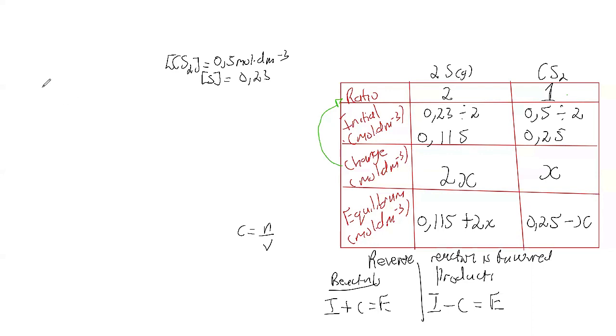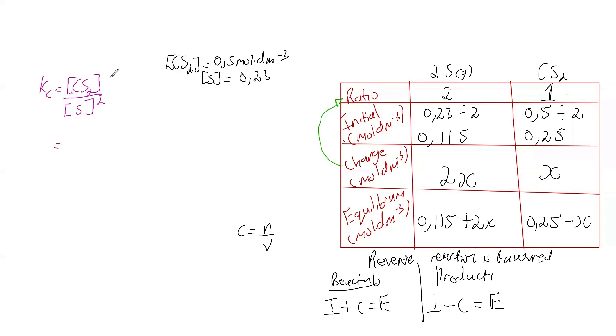Okay, and now to calculate Kc, we need to say Kc is concentration of the product over concentration of the reactant. And then remember, the ratio becomes an exponent. Now note that this expression does not change. Whether it's the forward reaction or the reverse reaction that is favored, Kc is always concentration of product over the concentration of the reactants.